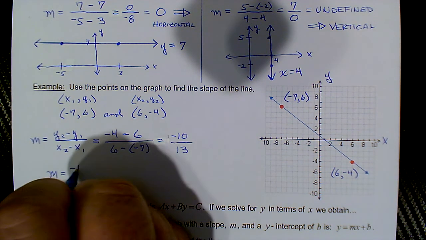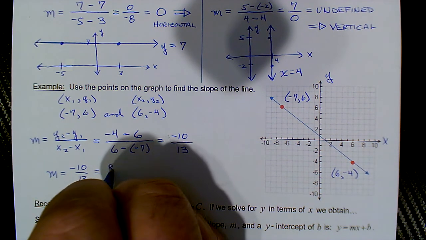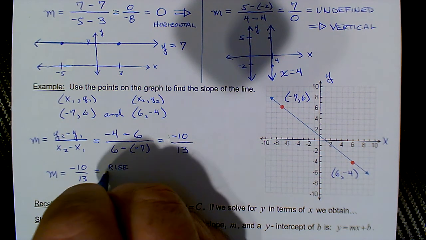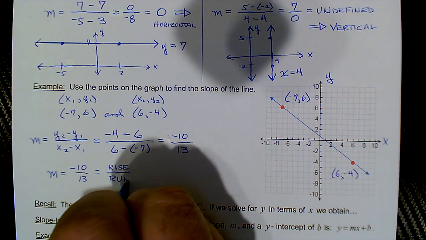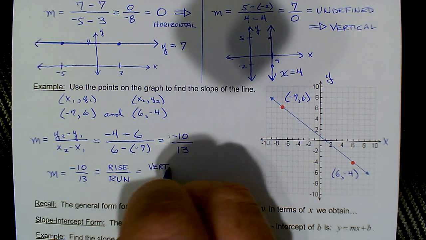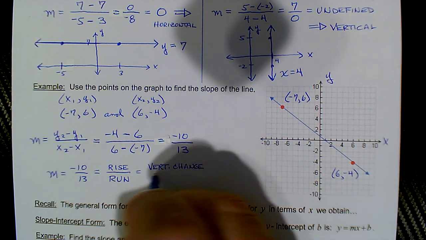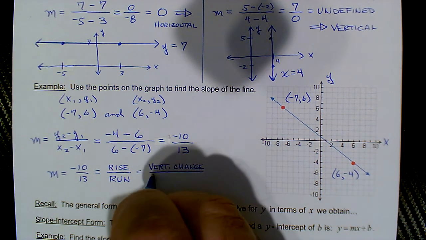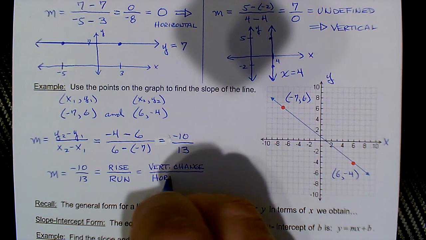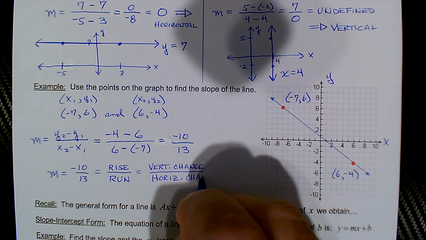You could see, if you counted, to get to this point right here, which is the point -7, this is your run of 13 units, and this represents the rise of -10 units.